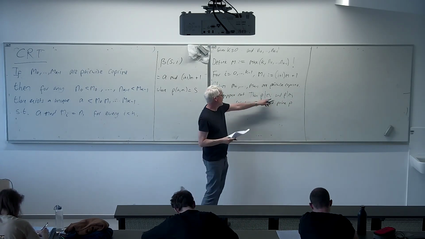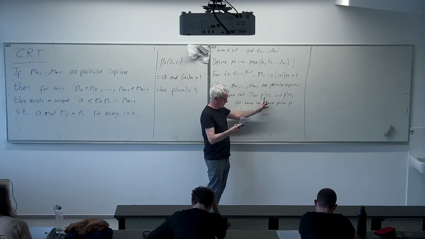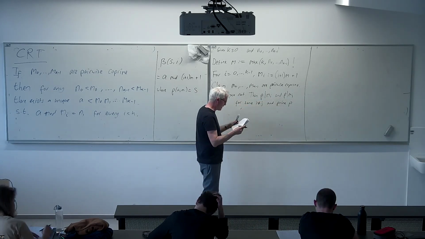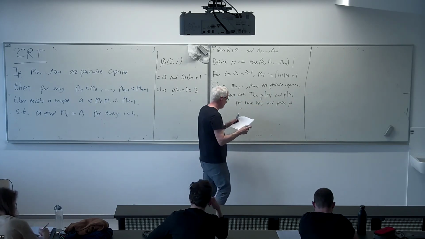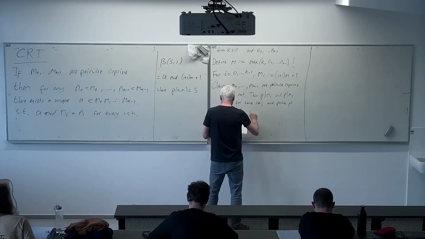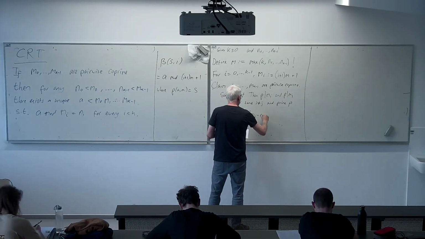But if p divides both mi and mj, let's assume that mj is greater than mi without loss of generality. So then p divides mj minus mi.